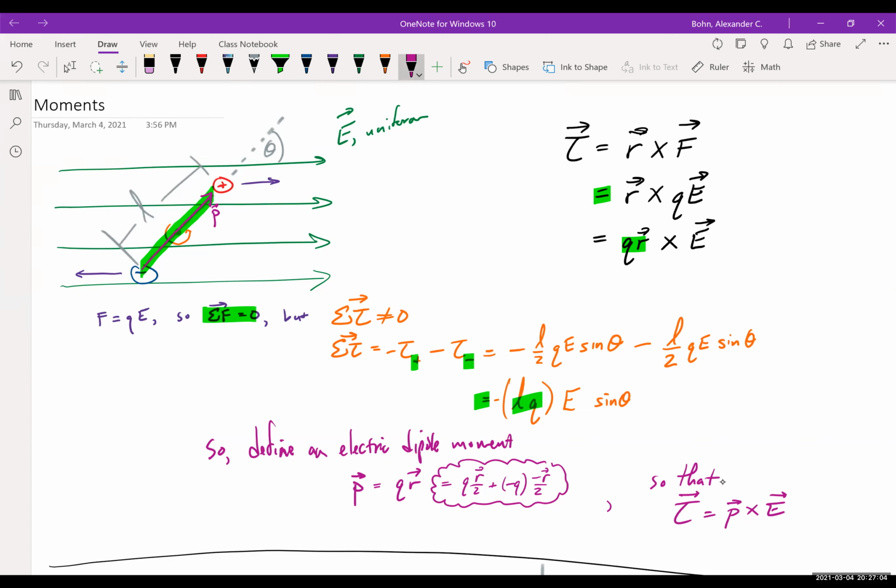And I'd like it to point from negative to positive, which is kind of opposite the way we normally think of electric field. Electric field points away from positive and towards negative charge. So for this definition, we've got the other way. It's like an internal thing, internal to this bond.